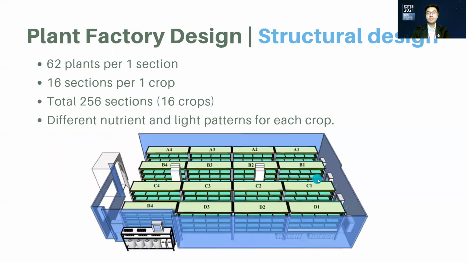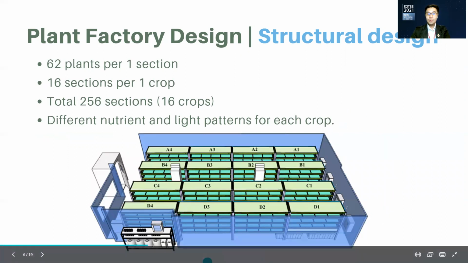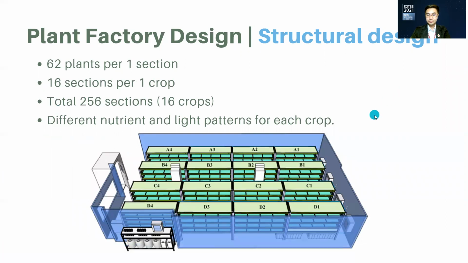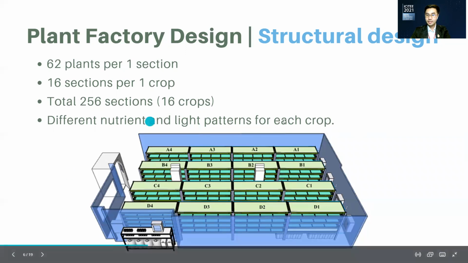For the plant factory design, this is our design. You can see that we have 62 plants per section and 16 sections per crop. You can see we have 16 crops here.